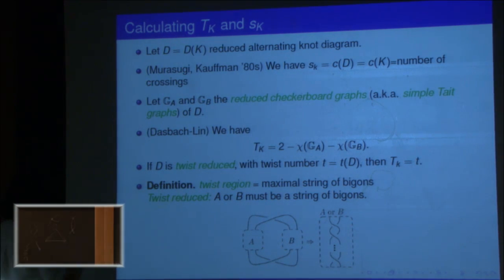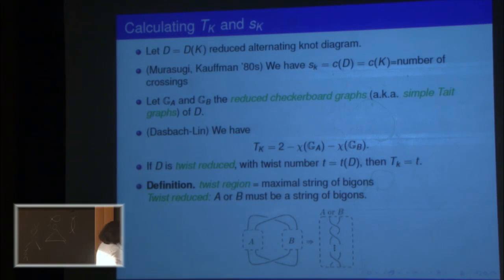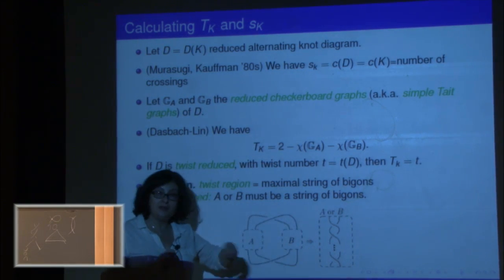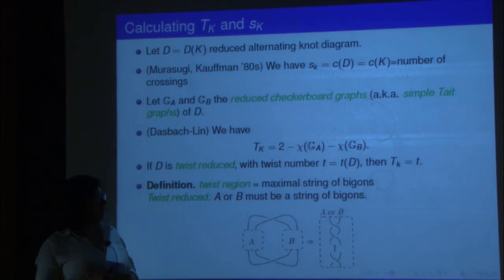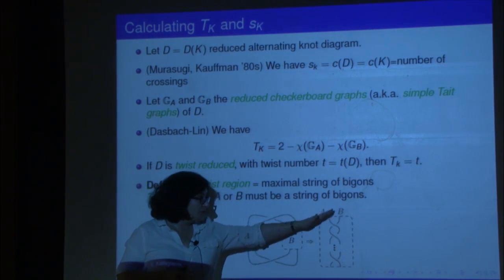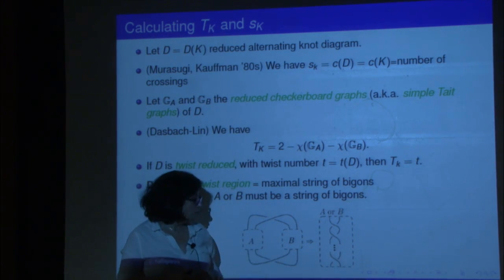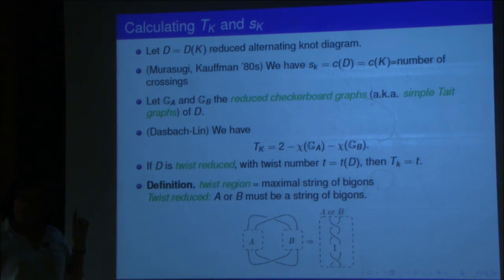A twist region is something that looks exactly like that. You're looking at the strings, and then you are counting the number of twist regions. So, for instance, take the 3-string pretzel knot that has 3 twist regions. If you have a twist reduced diagram, is it just the number of crossings?